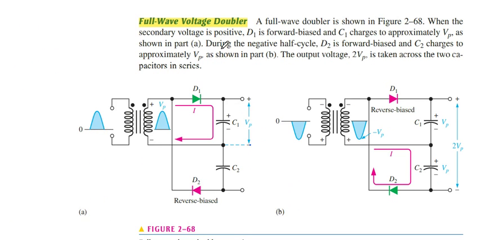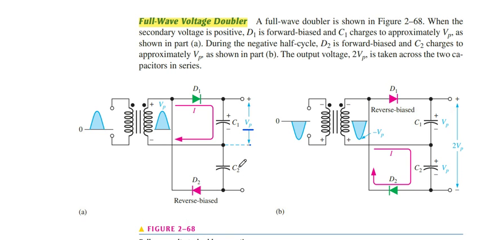In the full wave voltage doubler, see, when the positive half cycle is going, D1 is forward biased and the voltage stored at capacitor C1 is equal to Vp. On the other hand, D2 is reverse biased. In the negative half cycle, D2 is forward biased and D1 is reverse biased.